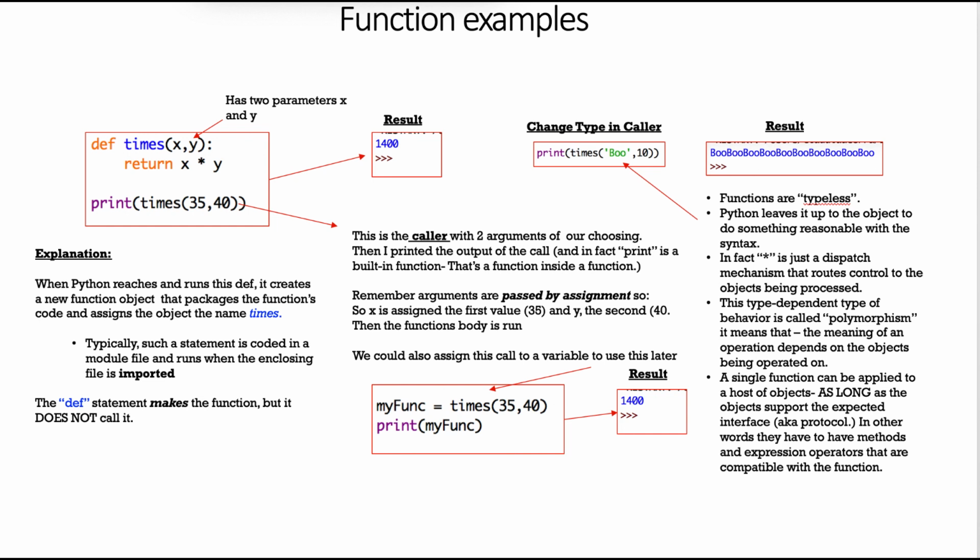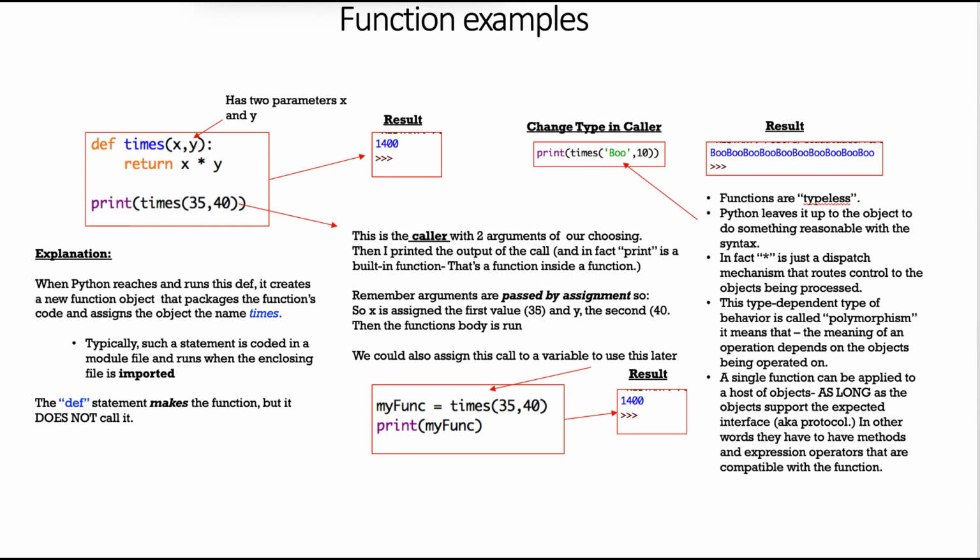Typically, such a statement is coded in a module file and run when the enclosing file is imported, but it doesn't have to be that way. The def statement makes the function, but it does not call the function. Nothing happens here until we reach the caller. Remember, arguments are passed by assignment. So x is assigned the first value we pass in, 35, and y is the second value, 40.